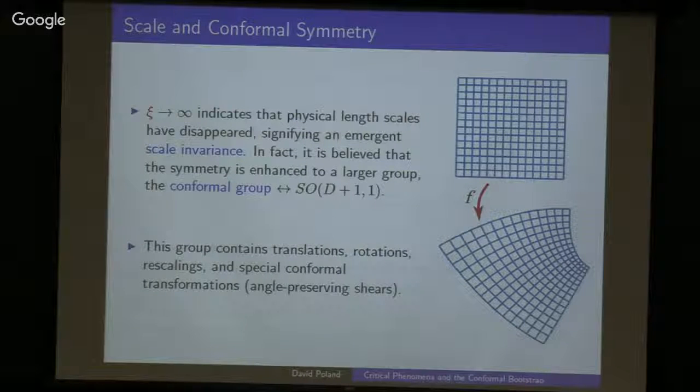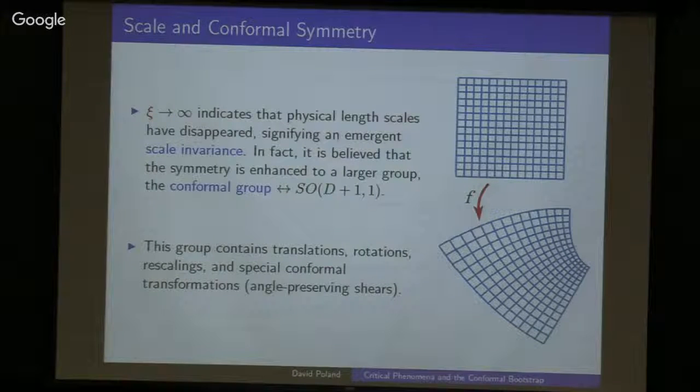In fact, it's believed, though not proven, that the symmetry, scale invariance, is enhanced to an even larger symmetry group. In particular, in many systems, it's believed that scale invariance combines with translation invariance, rotation invariance, and another kind of funny transformation called special conformal transformations to form a mathematical group called the conformal group.